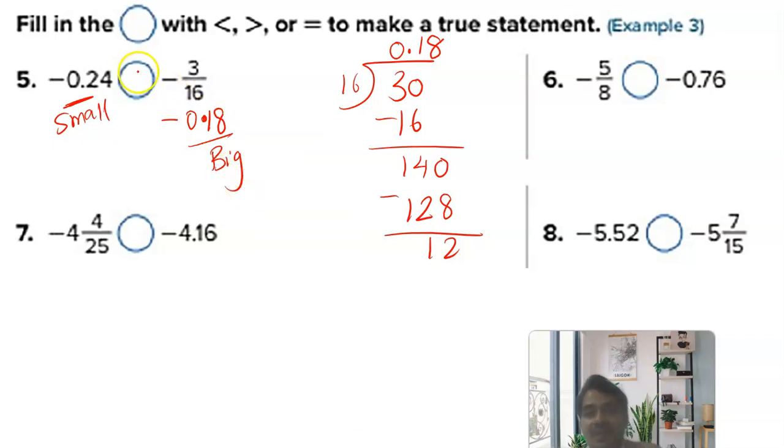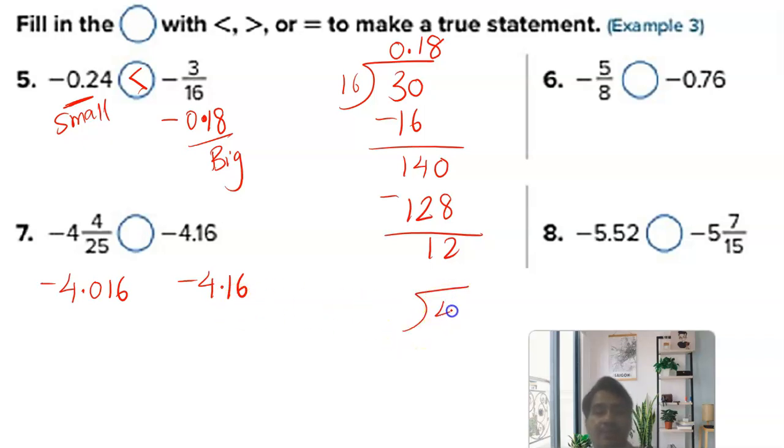So therefore the answer is this. This is negative 4 point, and if you divide 4 by 25, you get 0.16. And this is negative 4.16.